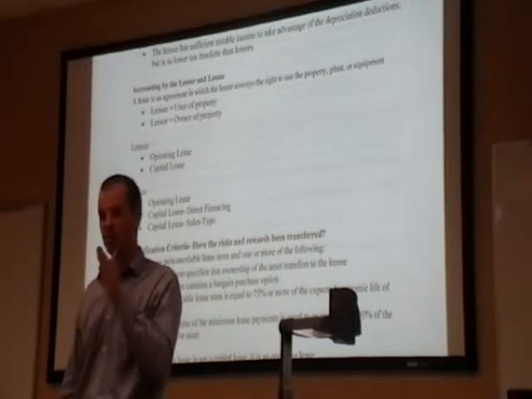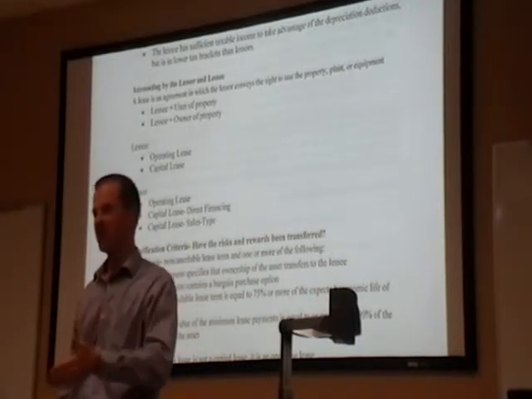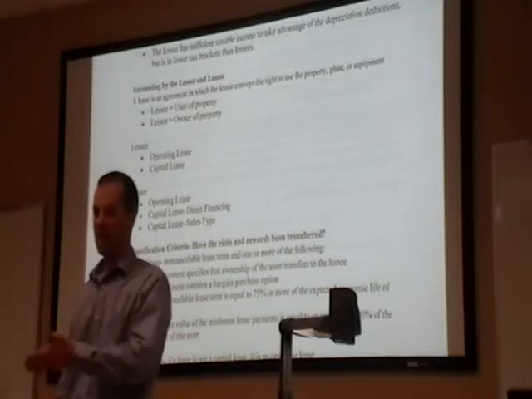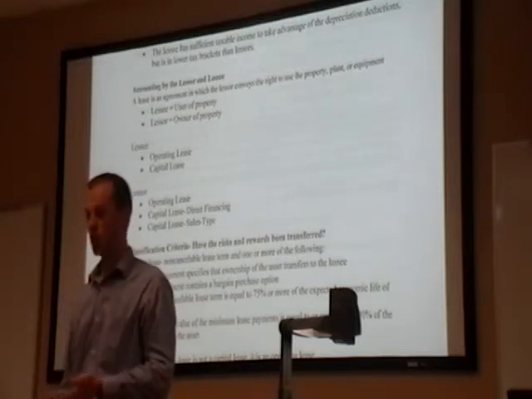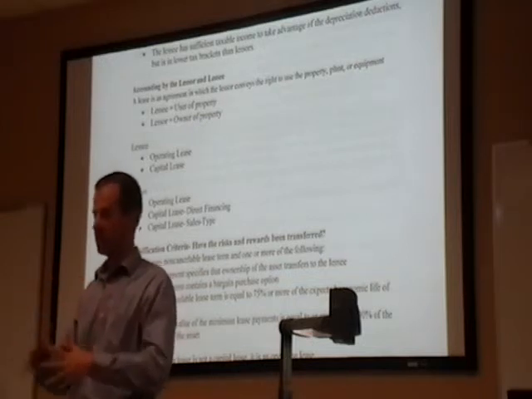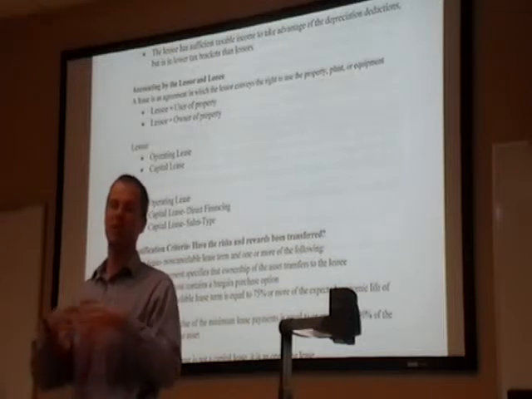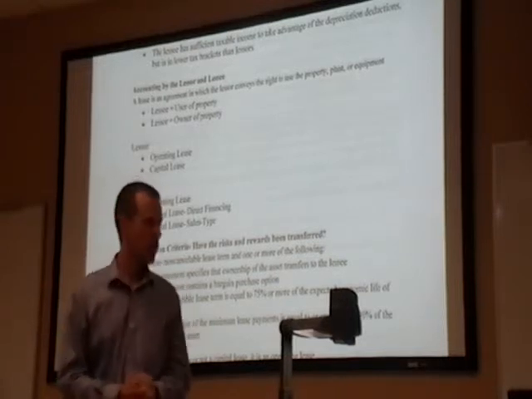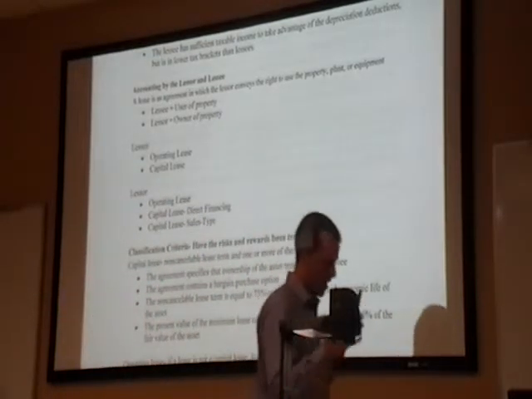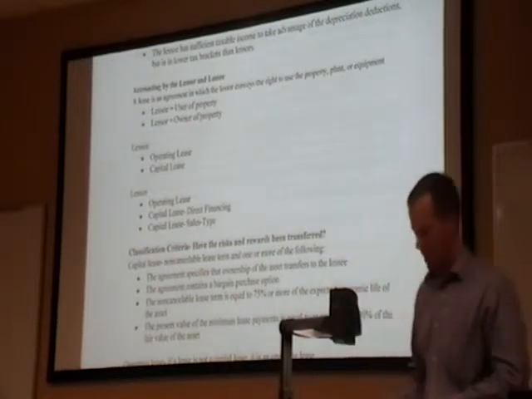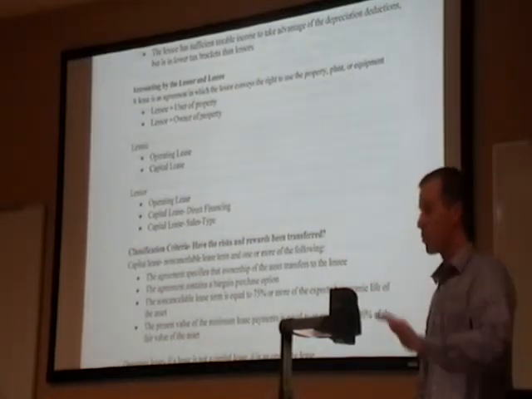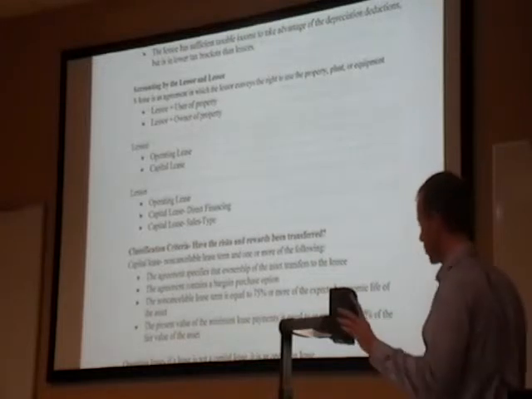They are currently meeting; I think they met last week, the IASB and the FASB met together to try to work through some of the changes that they want to make to lease standards. And we're hoping here in the near future we're going to get some new lease standards. But this is the way it currently is here in the United States, and at the end of class next time we'll talk briefly about the way it works internationally.